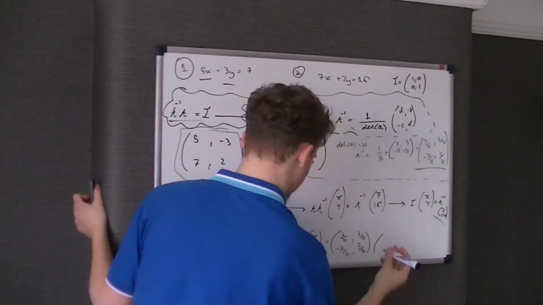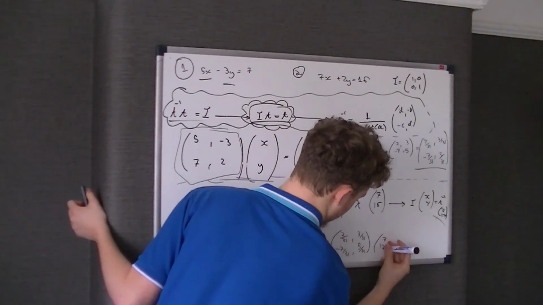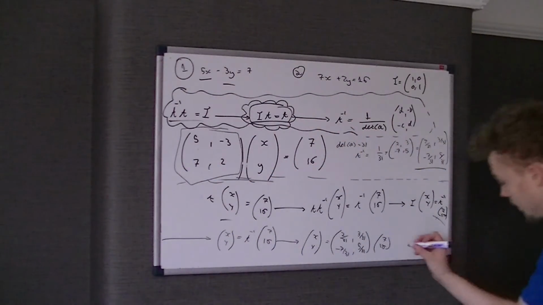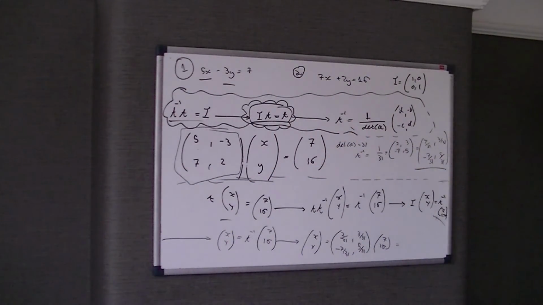Okay, and we're timesing that by 7, 16. Okay, so what you do is column 1 times row 1, and then column 1 times row 2.